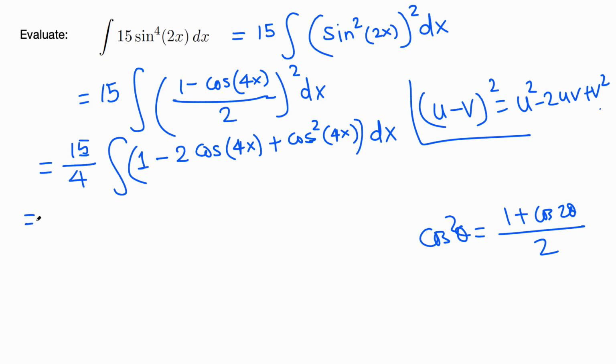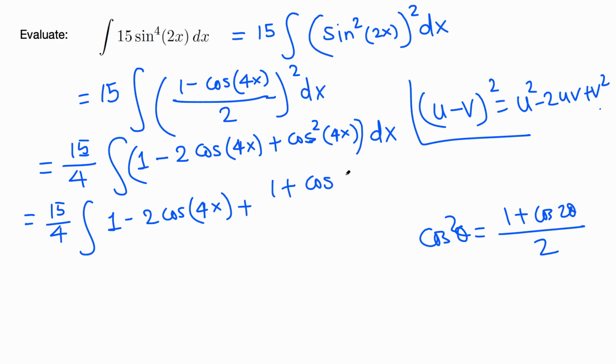Let's do that. 15 over 4, 1 minus 2 cosine 4x plus, let's say this is theta, cosine squared theta. That is 1 plus cosine 2 times 4x, 8x, all over 2. Okay, and outside we got dx.